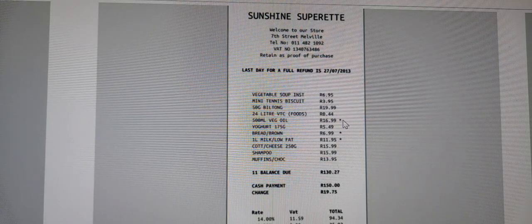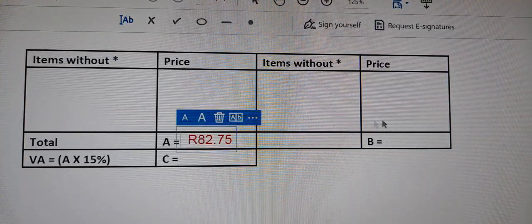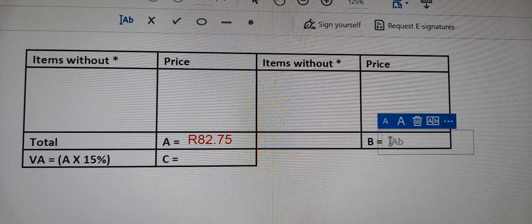The first one is 16.99 plus 6.99 plus 11.95. You see that? I added those three because they've got an asterisk, and I get 35.93, and then this will be here.